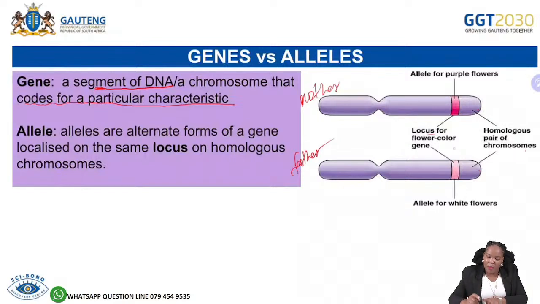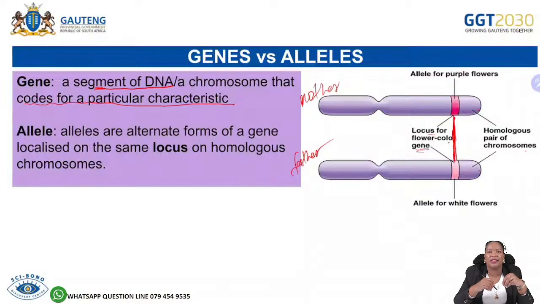Now, because they had the same shape and the same size, on the same location, you see here, on the same location, this is where you are finding a gene for flower color, meaning this is where the gene for flower color is going to be. Just check, when you talk about a gene, you don't talk about the characteristic itself that it has.